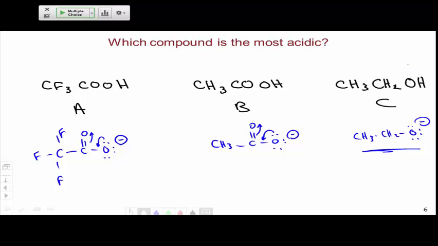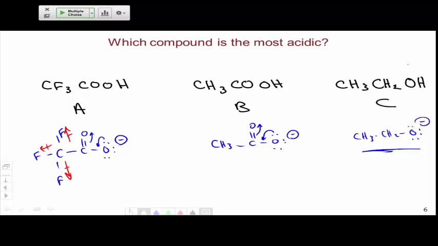Now between B and C, I can see that the conjugate bases of B and C each have a resonance structure. So they are almost equivalent from that point of view. But looking at the conjugate base of A, I can see that there are 3 fluorines connected, neighboring on the alpha carbon of the COO minus.